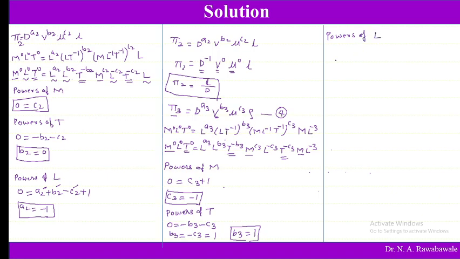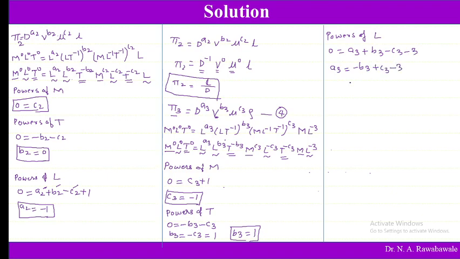Then collecting powers of L, L to the power of 0 is equal to L to the power of a3 plus b3 minus c3 minus 3. So a3 is equal to minus b3 plus c3 minus 3.